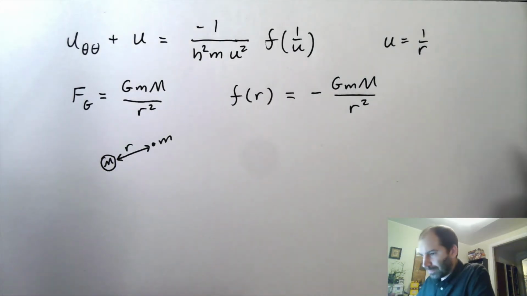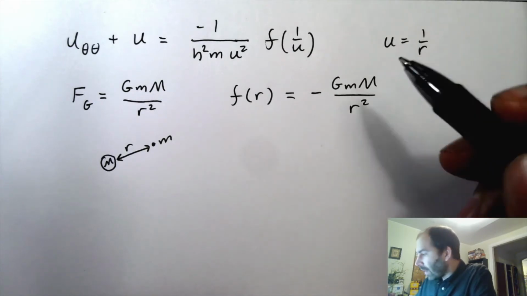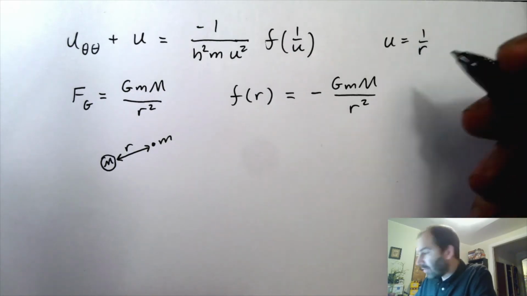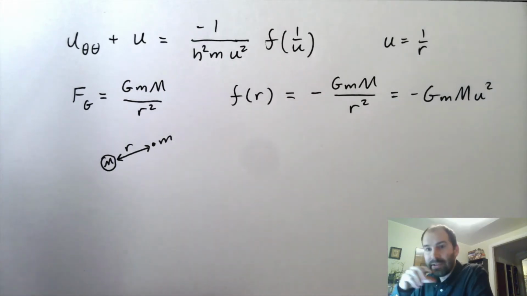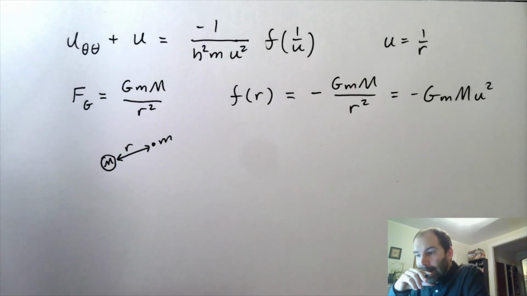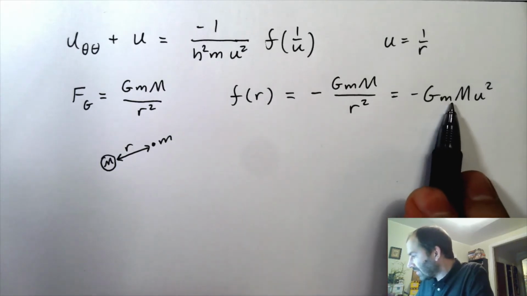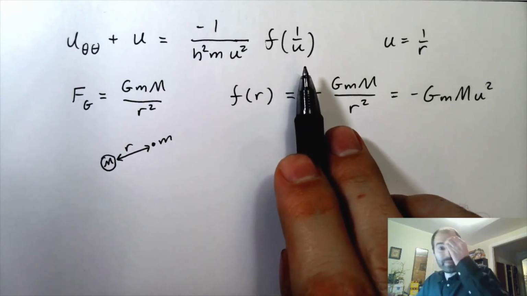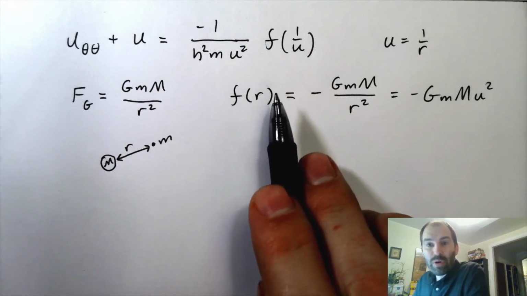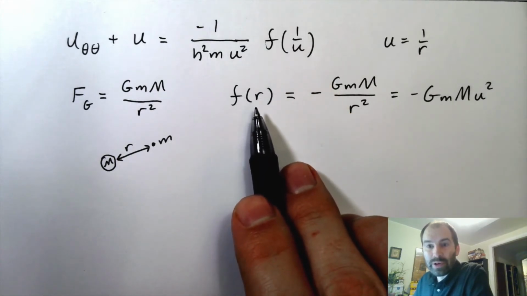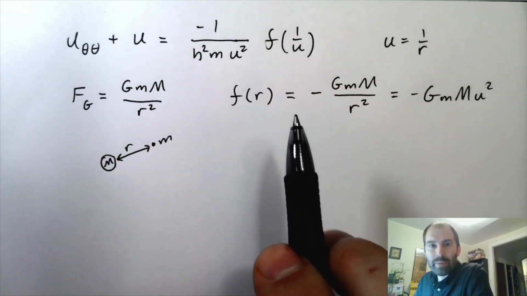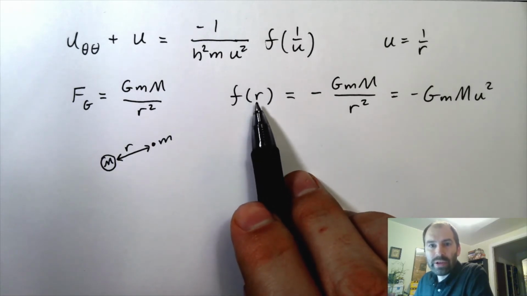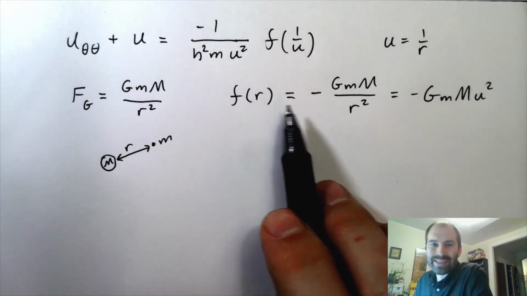Now, remember that u is 1 over r, so this is the same as this, right? Okay, so we're going to put this into here. So what's f of 1 over u? Well, if I put a 1 over u in place of r, oh, I guess that's what I just did, right?